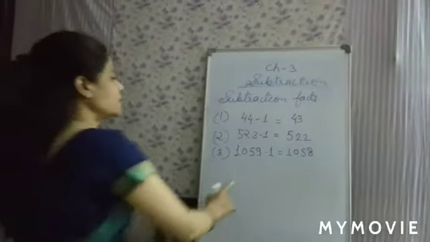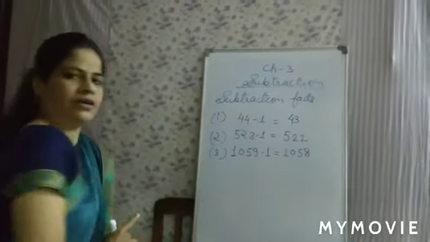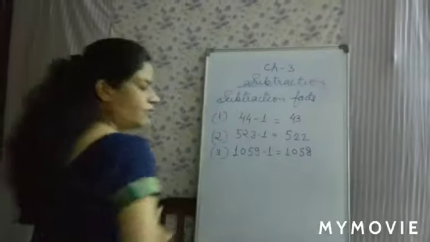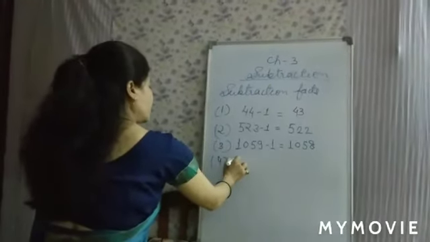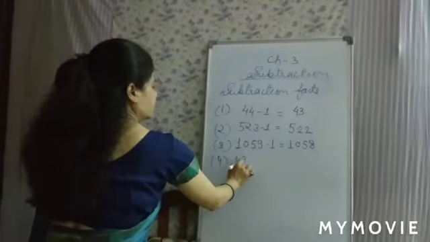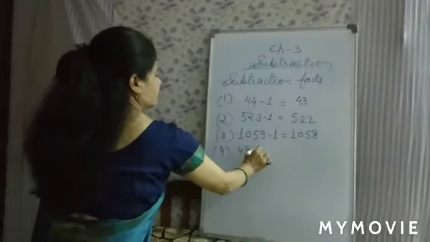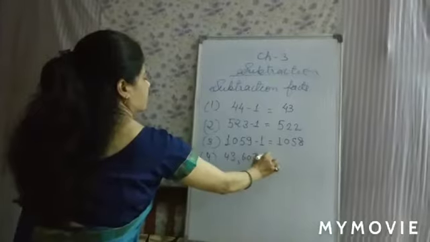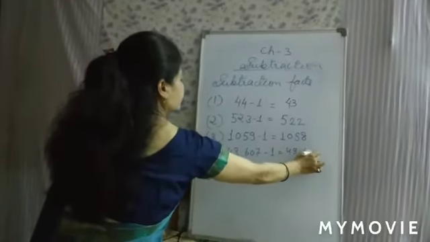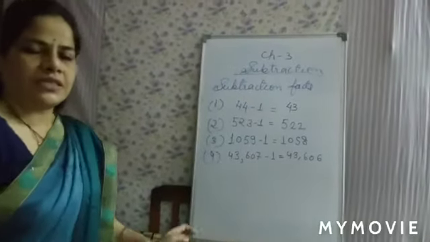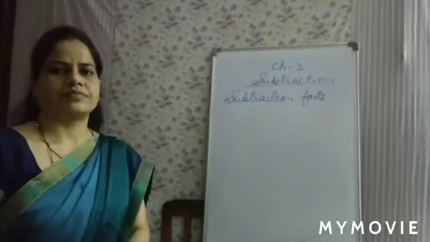Means when we subtract 1 from any number, we will get the predecessor of that number. One more example I am taking here. 43,607 minus 1. What will you get? 43,606. This is the second fact.